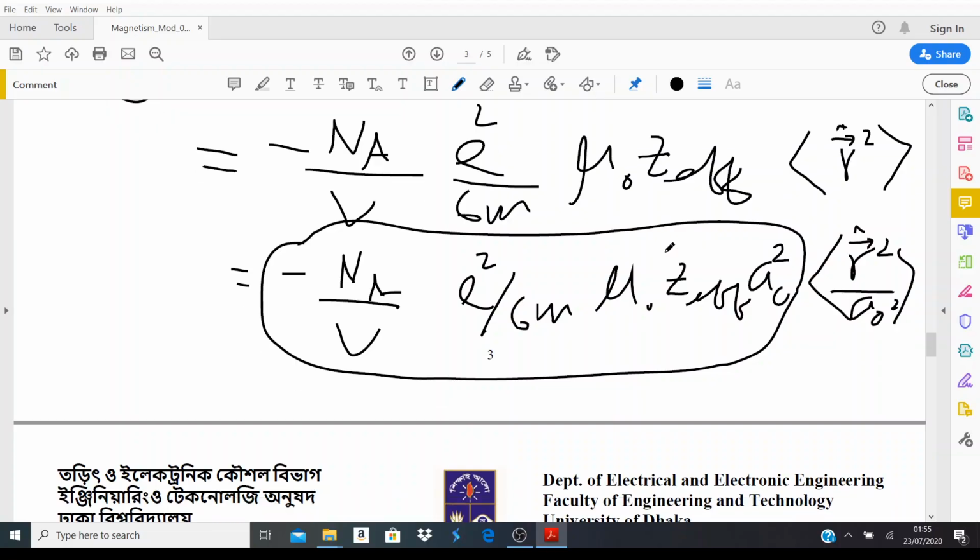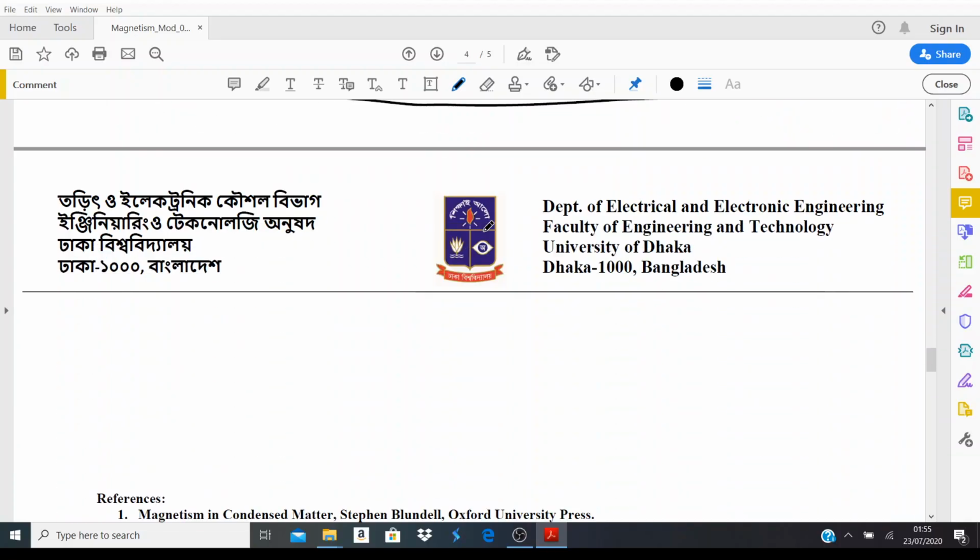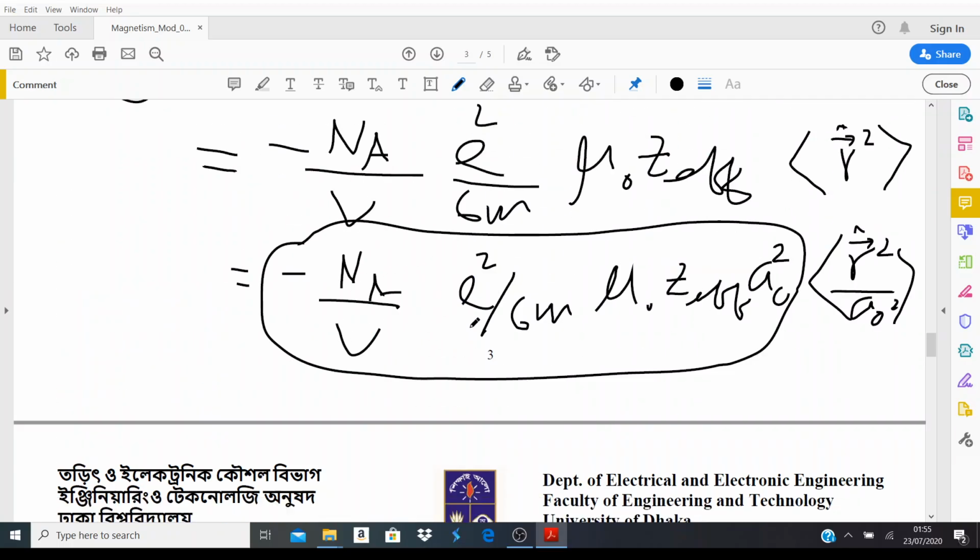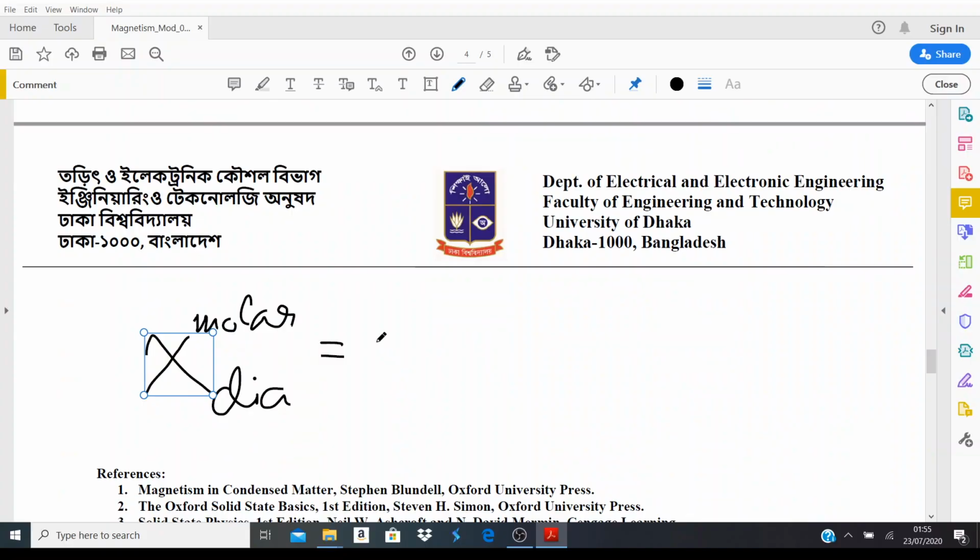And if you put those values, you will see the final expression usually written as the molar diamagnetic susceptibility, because we are using the Avogadro's number of ions. You put in all those values which are known to you, and it will give you 0.79 Z effective, and then r by a naught squared.